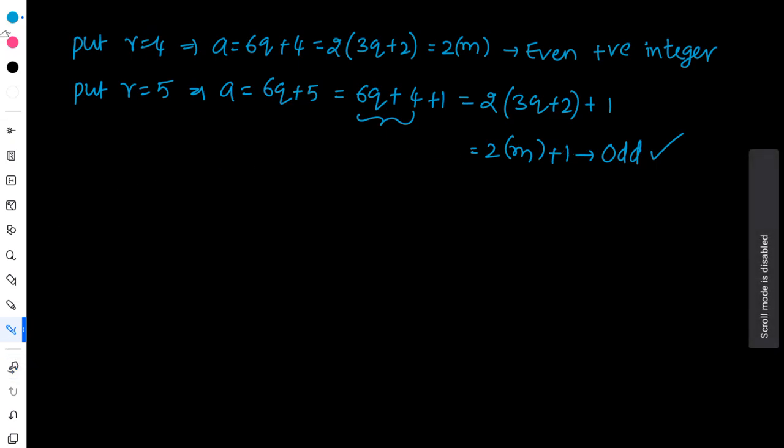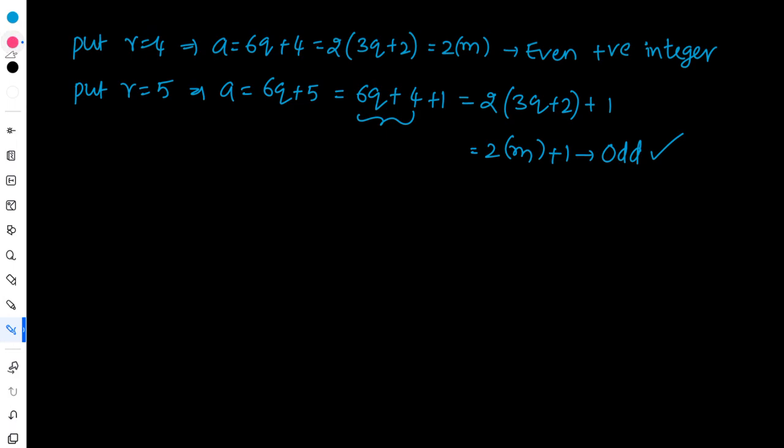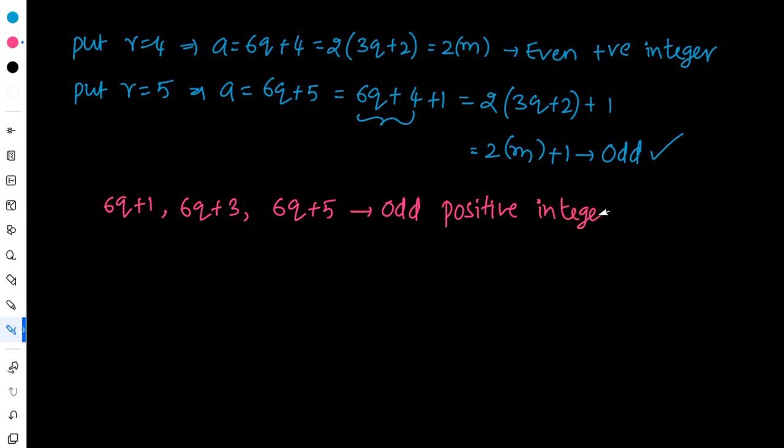So 6q plus 1, 6q plus 3, 6q plus 5 are all odd positive integers. So this is the answer.